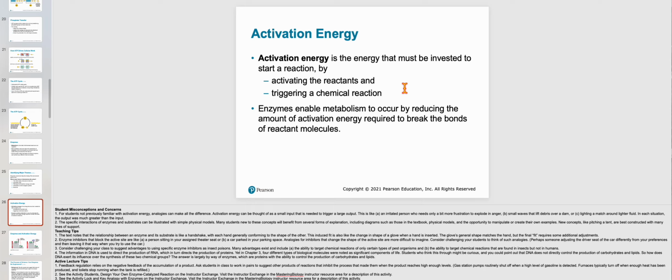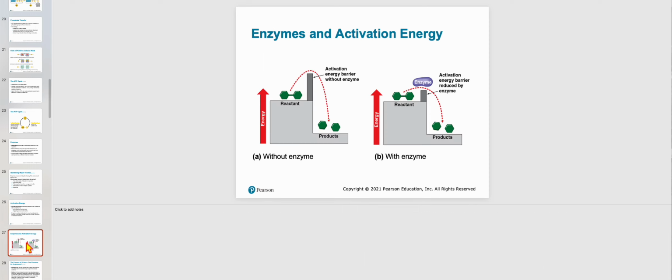Now, sometimes a great deal of activation energy is needed. Sometimes very little activation energy is needed to make it happen. And the next slide will prove that point. In this picture, we see picture A. Picture A shows you this long, high wall, and it says reactants turning into products.